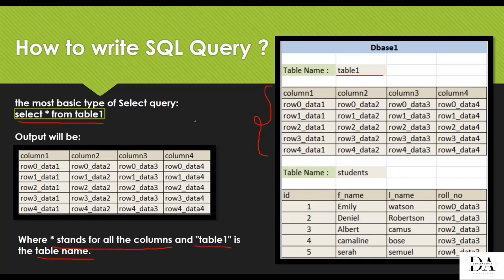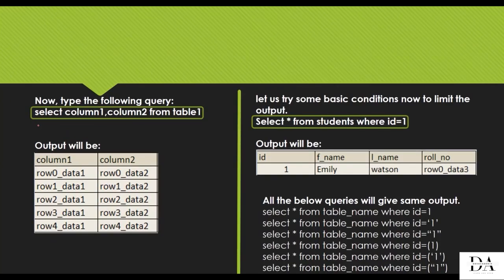Now if I want to fetch only column 1 and column 2 from this table, what will be our query? It will be select column 1, column 2 from table 1, and the output will be like this. It will give the result of all the data that is present in column 1 and column 2, as we have asked for it.